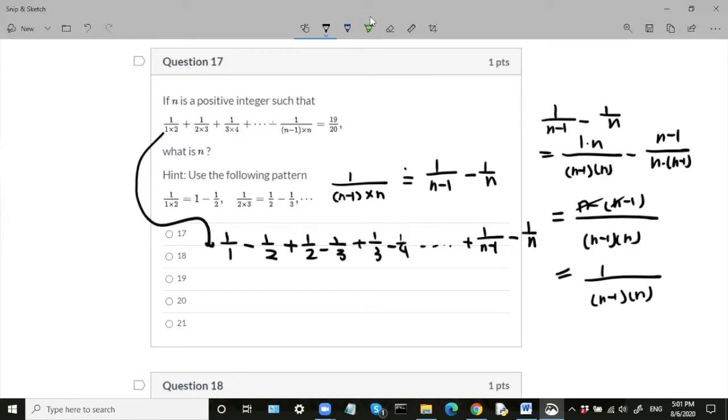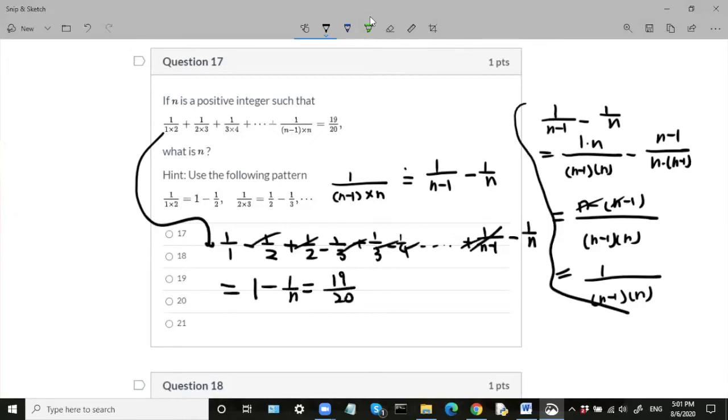These terms will be canceled out, and also these terms would be canceled out from the previous term. Finally we got 1 minus 1 over n equals 19 over 20. Let's simplify: 1 minus 19 over 20 is 1 over 20, equals 1 over n. So n equals 20. So the solution is D.